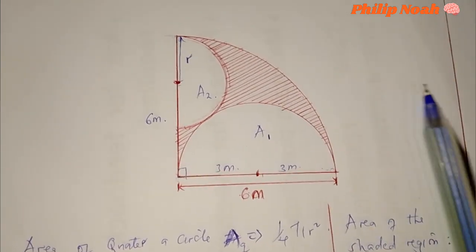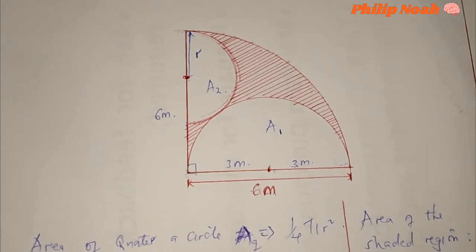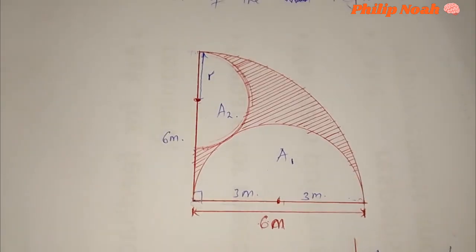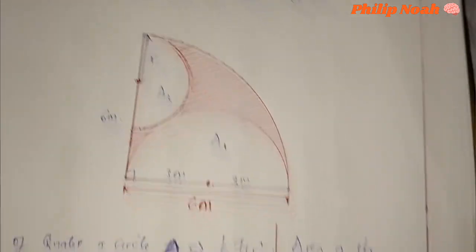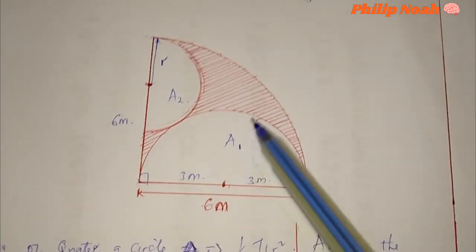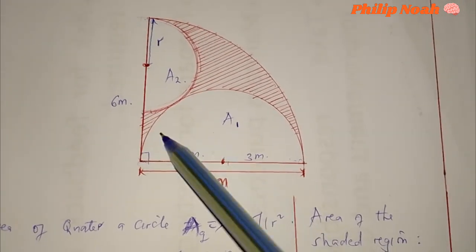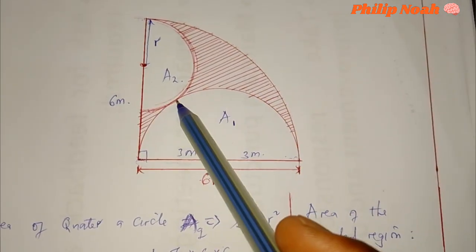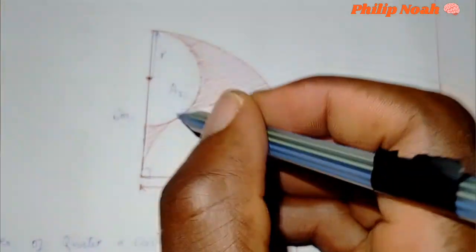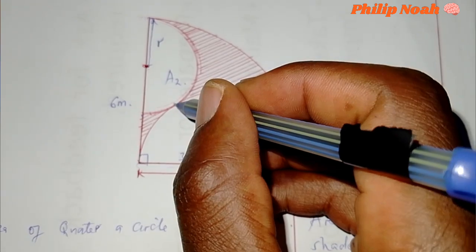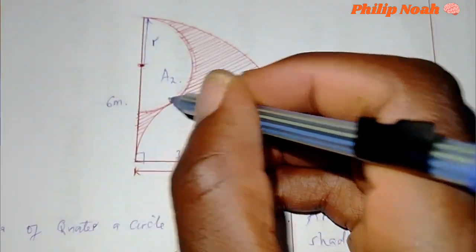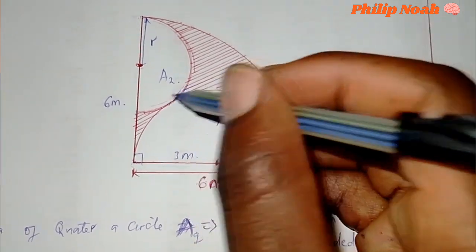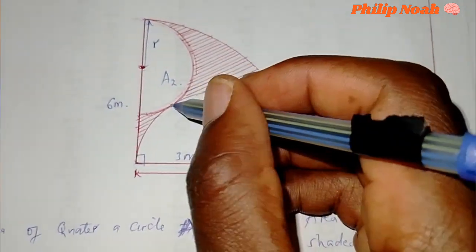So what shall we do? We have to find it and get it, and we must do that. Are we there? So when you are solving such a figure like this, and you see these circles are touching each other at a point, they are touching each other somewhere here.